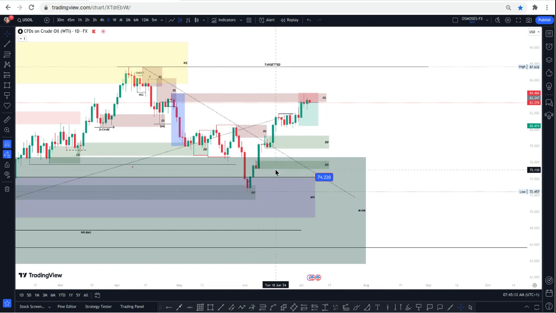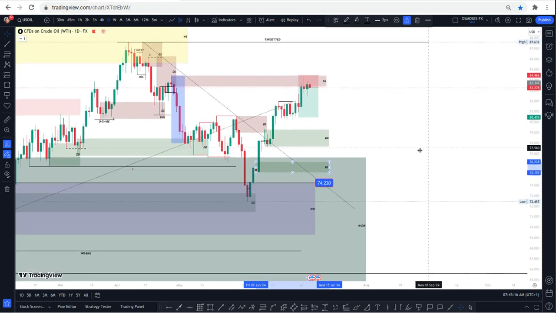So also I might still say I have one more demand here, which is this candle here.